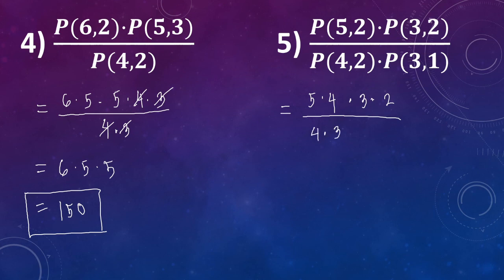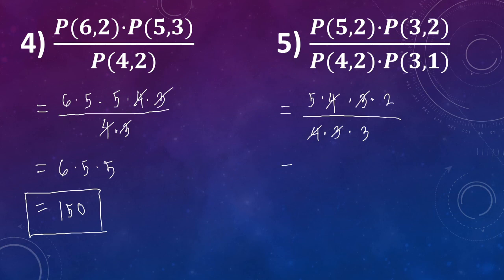Then itong permutation naman of 3 taken 1 at a time can be considered as 1 factor lang kasi 1 lang naman ito yung kanyang r. So 1 factor lang. So 3 lang siya. Okay, 3. Then simplify, cancel na tong 4, cancel na din itong isang 3 natin sa baba, tsaka sa taas na 3.